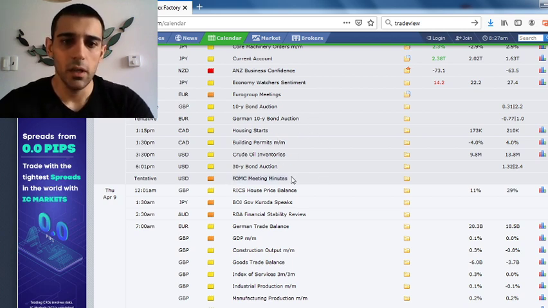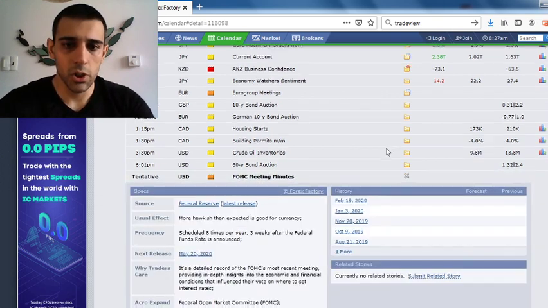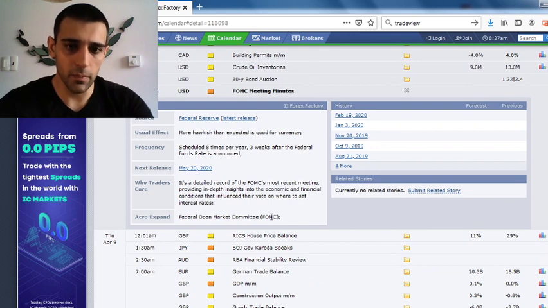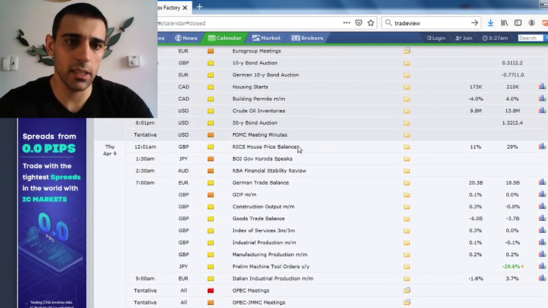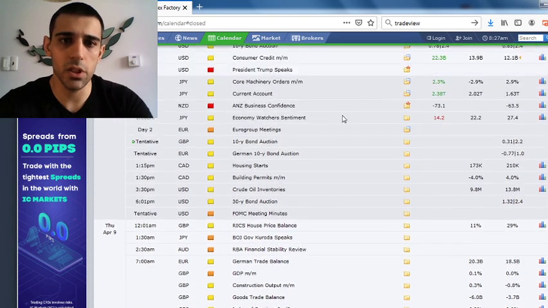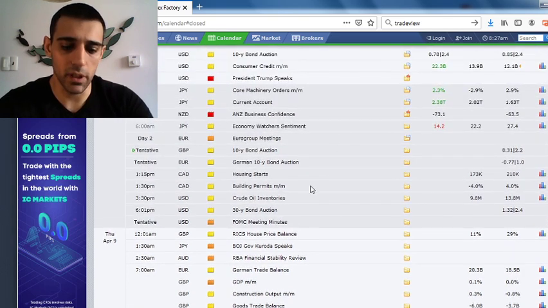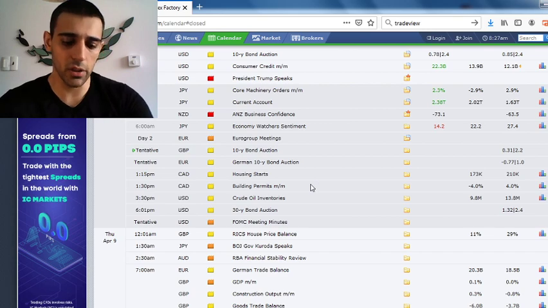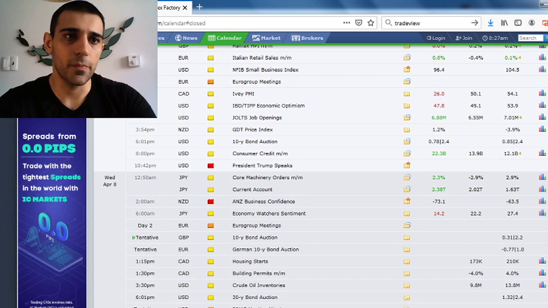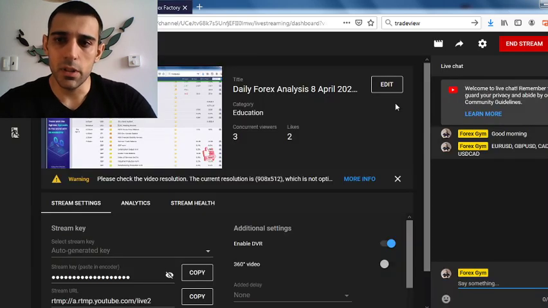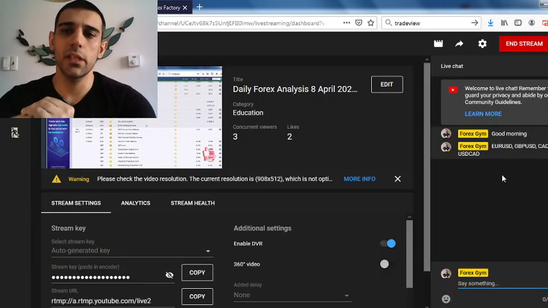We have the FOMC meeting minutes, but I think this one should not have a big effect on today's currency, since it's on a new US dollar. So nothing major today. So far so good. Right, that was these four currency analyses.